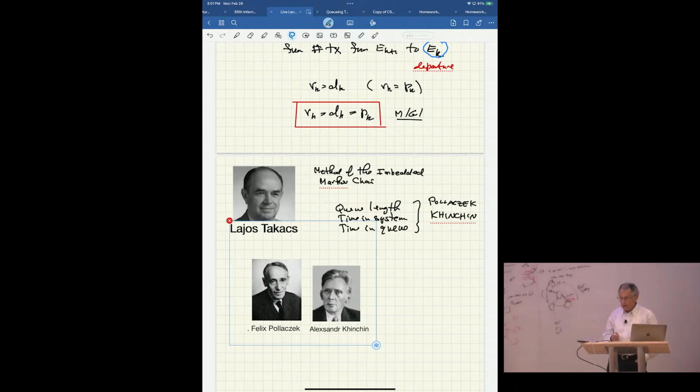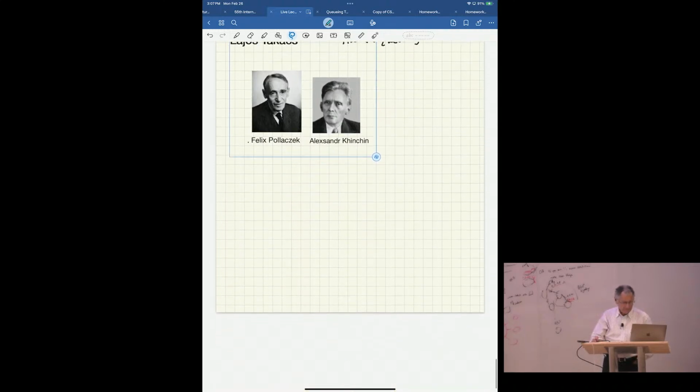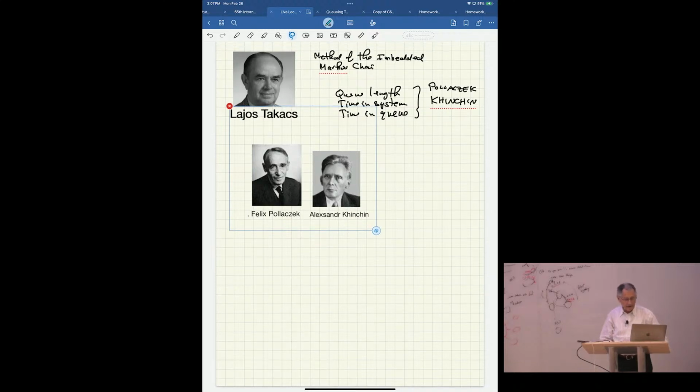That's Felix Pollaczek, I knew him, and Alexander Khinchin. A Czech from Czechoslovakia, and Khinchin from Russia, of course. Not very pleasant looking people, are they? But queuing theorists tend to be stodgy and difficult. Okay, so we're going to find that.